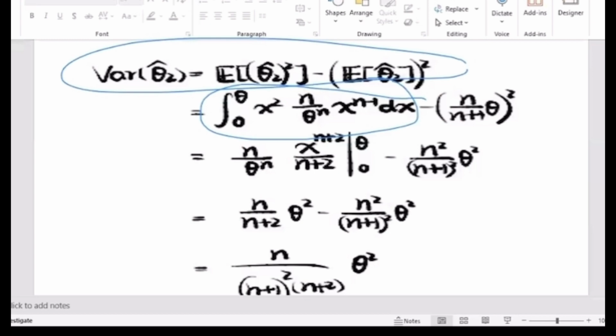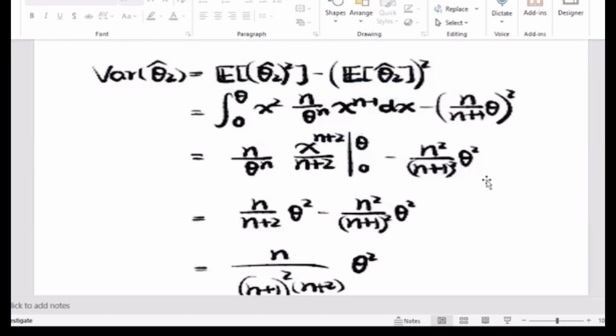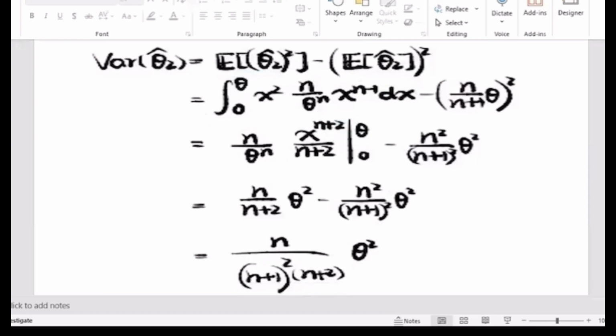And at the end of the day, let's see the variance. You need to be able to simplify, okay? When you simplify, this is all you got. This is the variance expression. The variance also depends on the sample size, okay? Take a look at that.